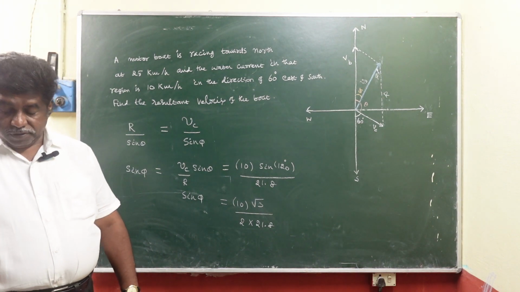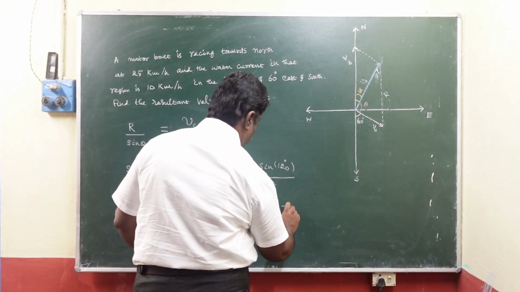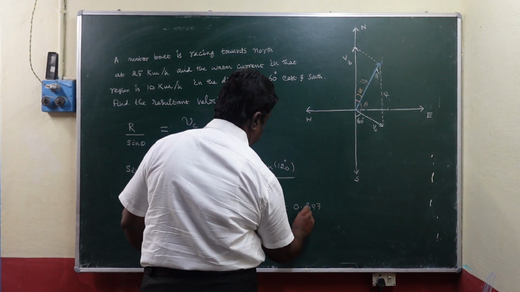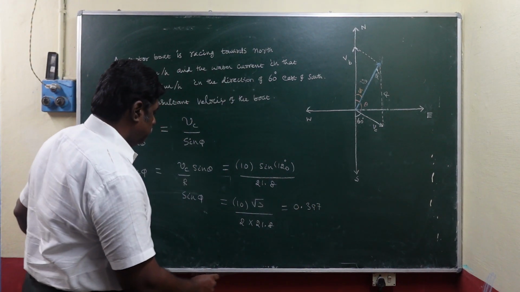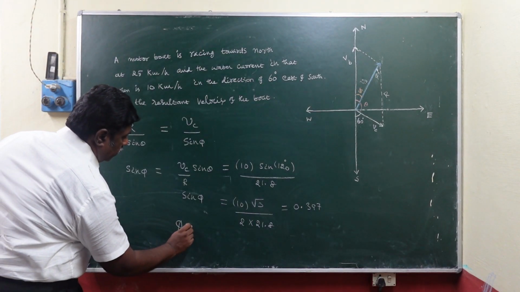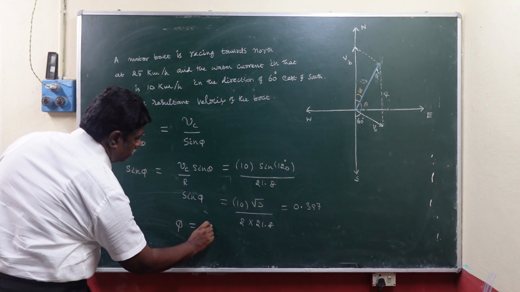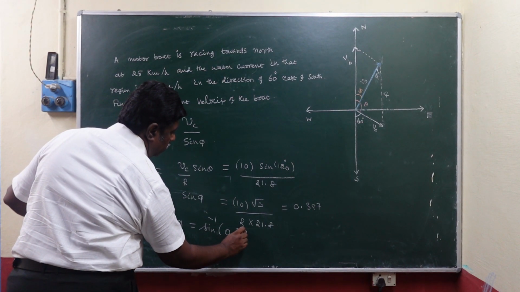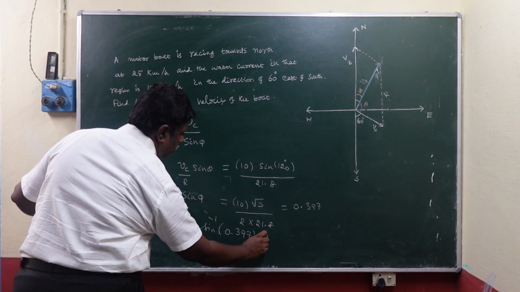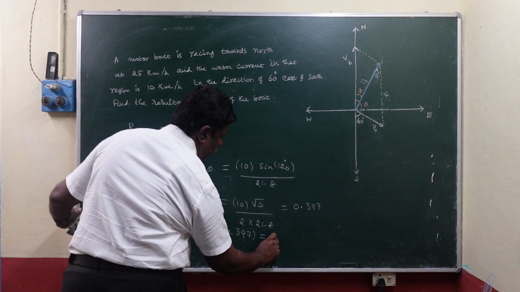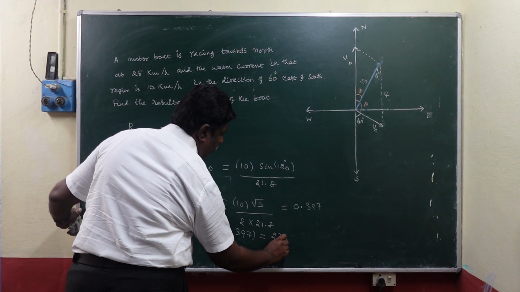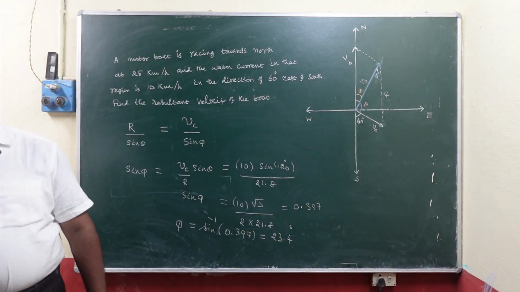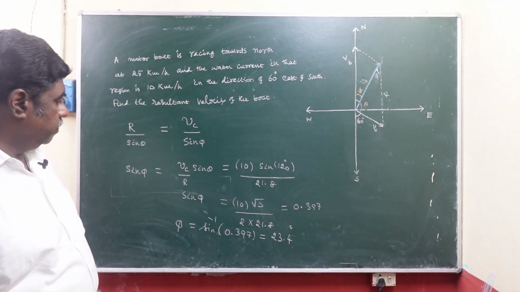If you simplify this, you can get the value of 0.397. From this, angle phi equal to sine inverse of 0.397, which is 23.4 degree. So this could be the value of phi.